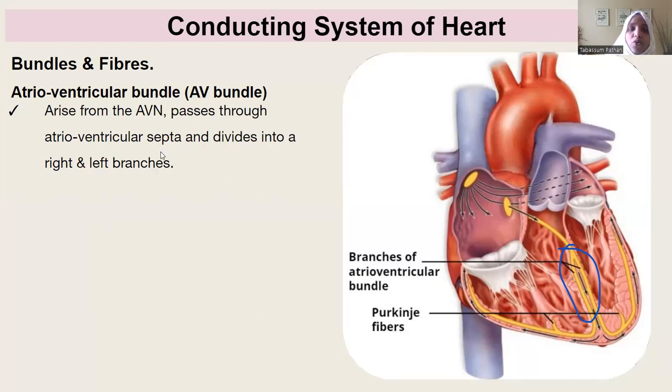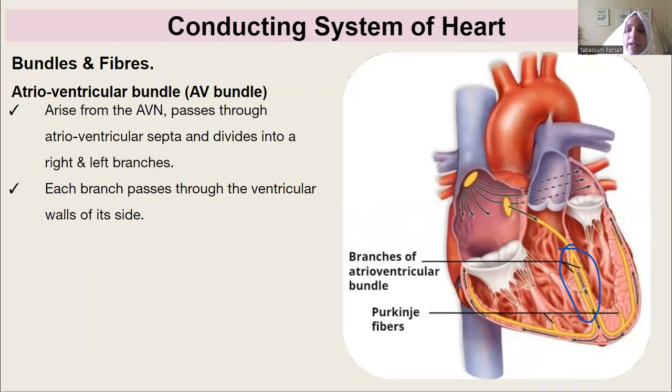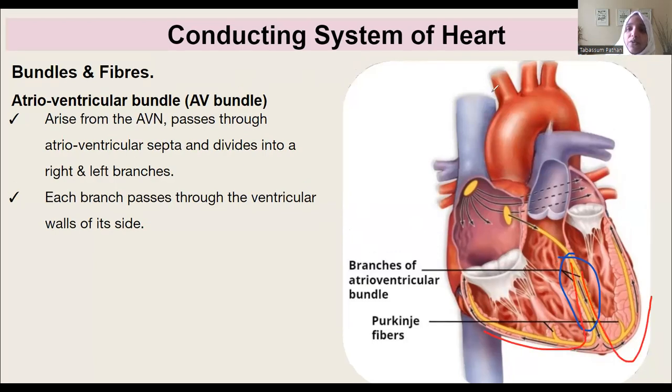They pass through the septum, known as the atrioventricular septum, and then divide into right and left. Each branch passes through the ventricular wall of its side. As you see over here, it divides, goes to the right and left ventricle, and occupies the walls.